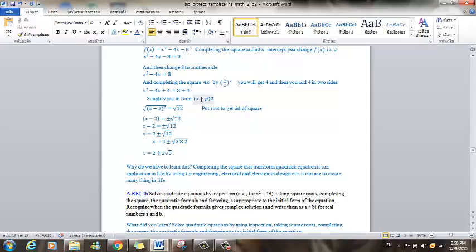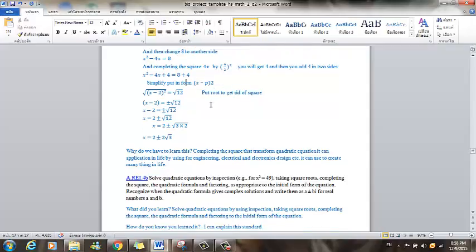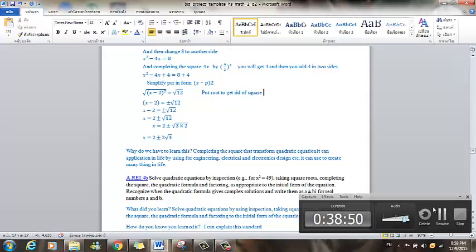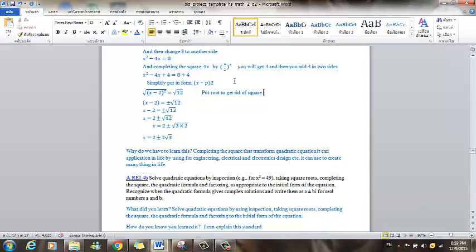Put it in the form (x minus p) squared. Because we have a square here, to get rid of the square we have to put the root on both sides, and the square is cancelled by the root, so this side is only x minus 2, and the other side has the root.